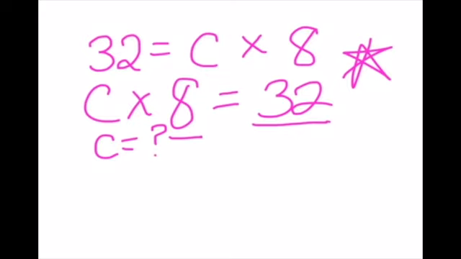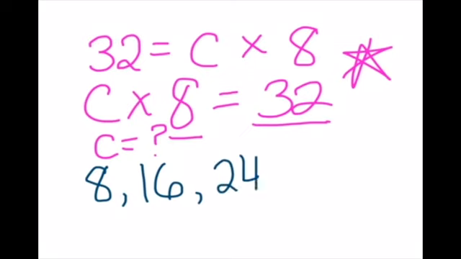So let's count by 8s. Of course, we start with 8. What would be after 8? 8 plus 8 is 16. Yep. And then what would be 16 plus 8? Well, I know 16 plus 10 is 26, and 26 minus 2 is 24. 24 plus 8 is 32. Ooh, that's when I stop.